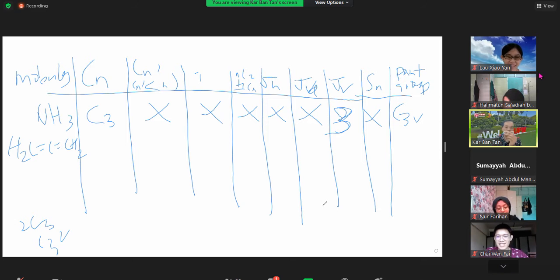Okay, but should you take a closer look? It somehow looks like a rectangle. Did you see that? It looks like a rectangle, right? So of the atoms, you have one atom at this corner and another atom at the opposite corner.